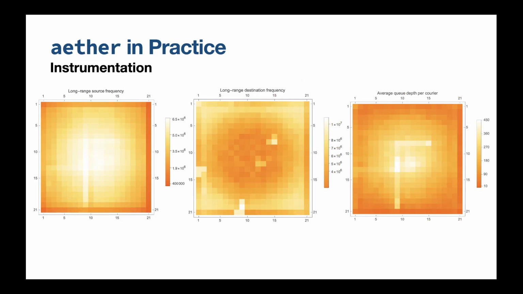Here are some other examples of similar instrumentation statistics that one can extract. You can see how often couriers are responsible for sending messages. And again, there's mostly uniform global structure, except for a couple of questionable strips that correspond to bugs in the software that's being simulated. You can see how often couriers are meant to be the destination of messages.